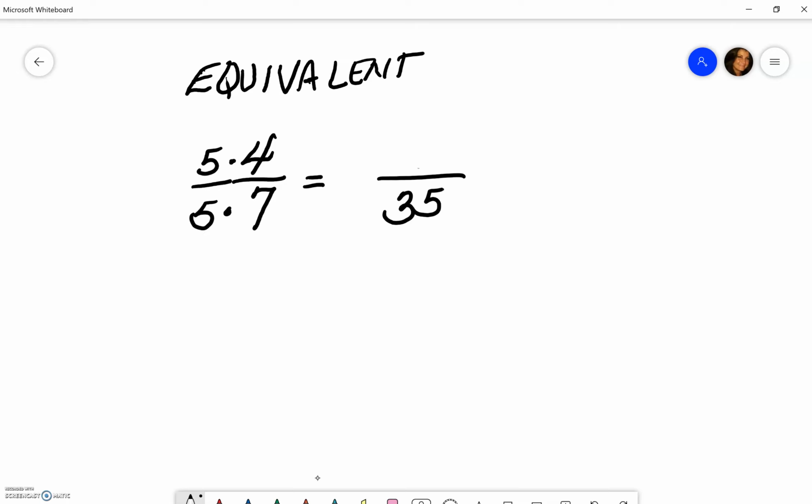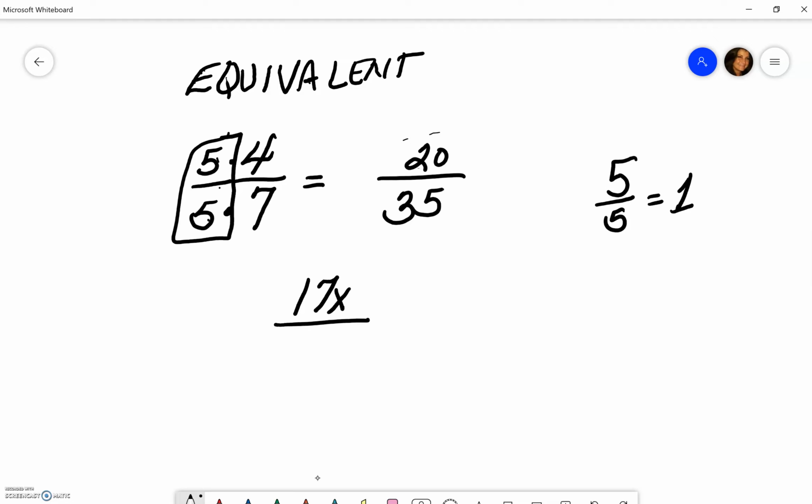So 5 times 4 is 20. So you're finding something equivalent, because anything 5 over 5 just equals 1. So you're not changing the value, you're just changing the appearance by multiplying it by the value of 1, which is 5 over 5. And in number 16, it just gives you a variable like this, 17x over 15, and then it gives you a 45.